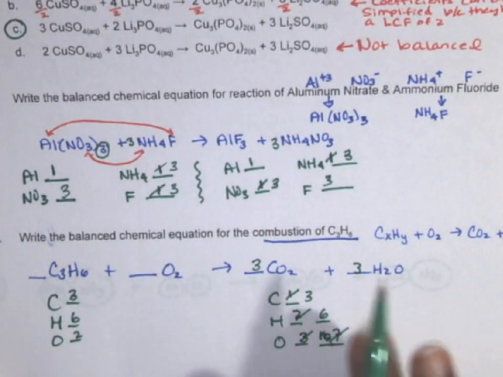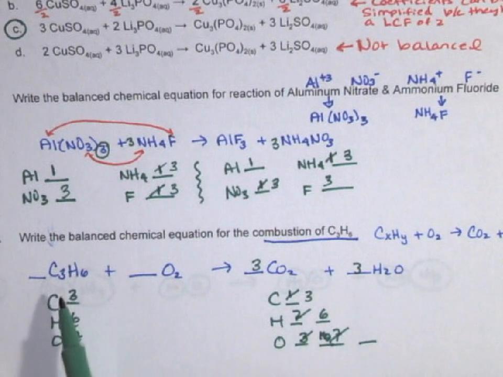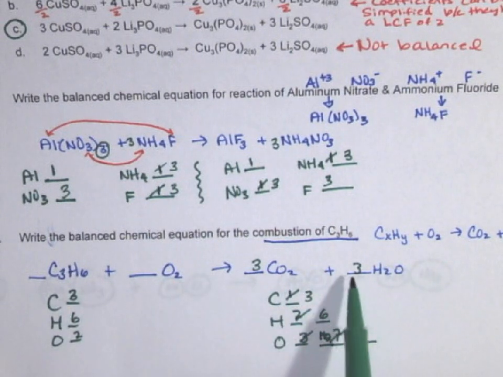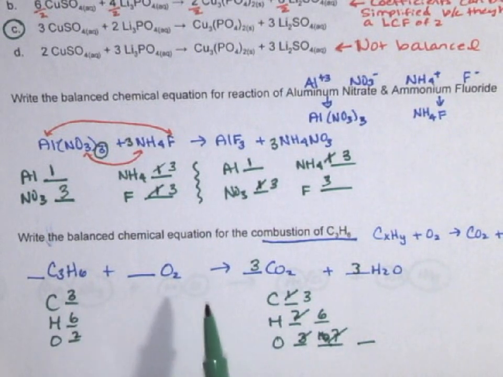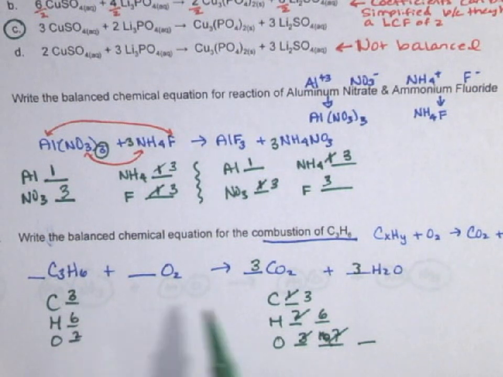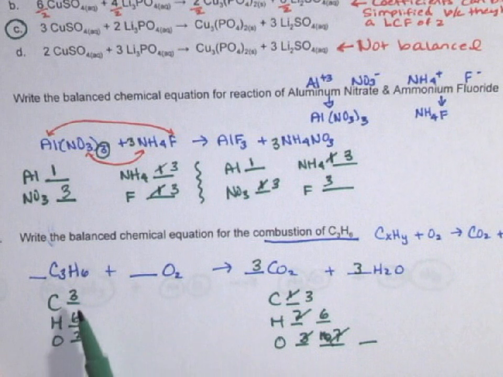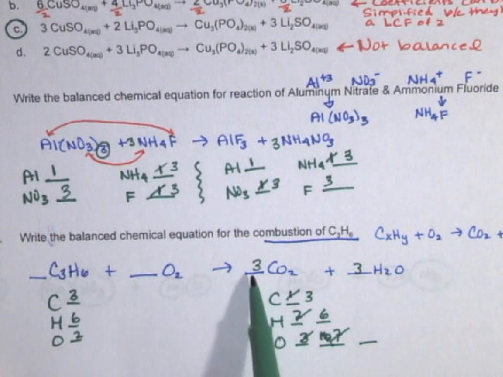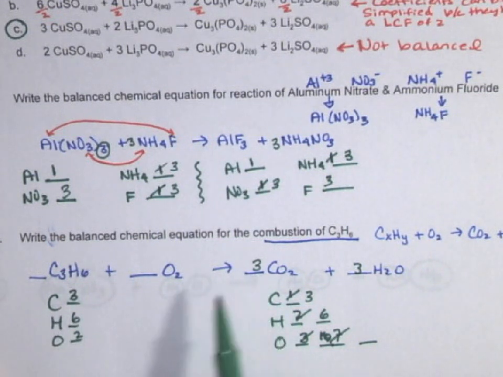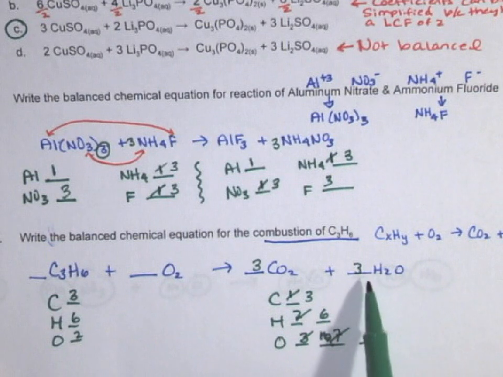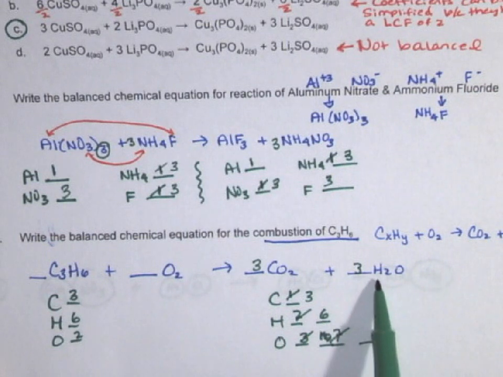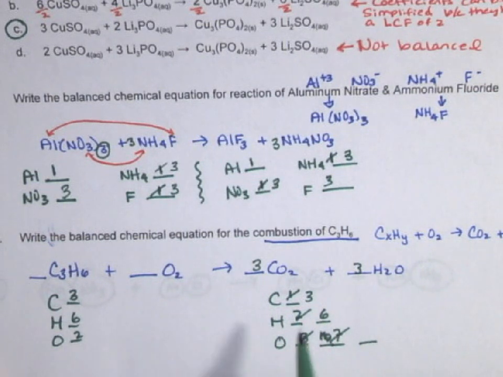Okay, so once I know that, I go ahead and write down that unbalanced equation. And I did my tallies, number of carbons, hydrogens, oxygens on both sides. And it wasn't balanced, so I balanced my carbon by putting a coefficient of 3 in front of CO2. I balanced my hydrogen by putting a coefficient of 3 in front of H2O, and they're looking good.